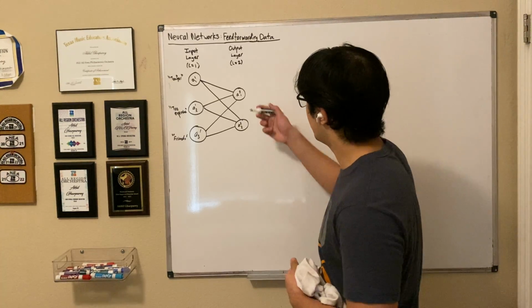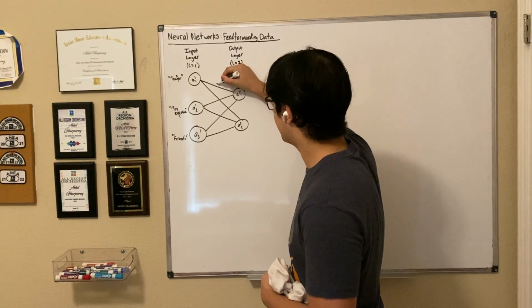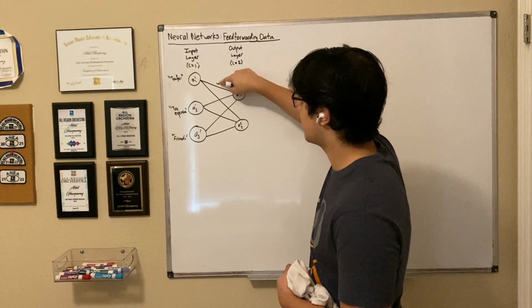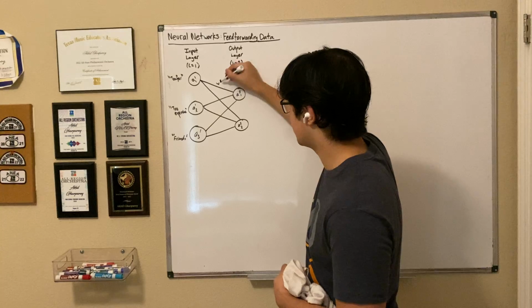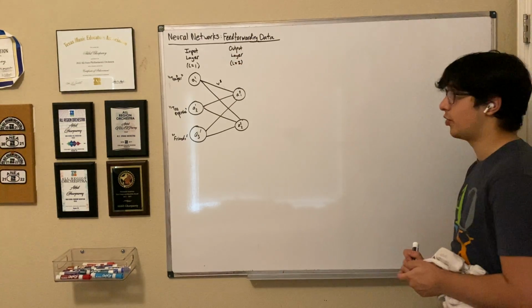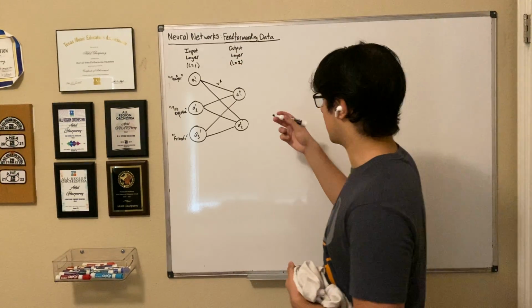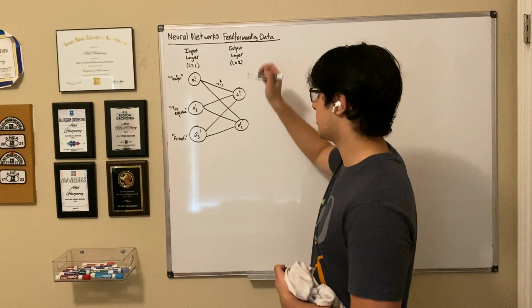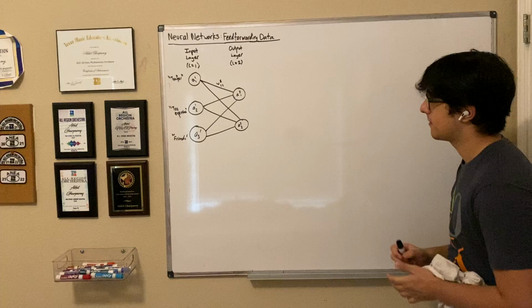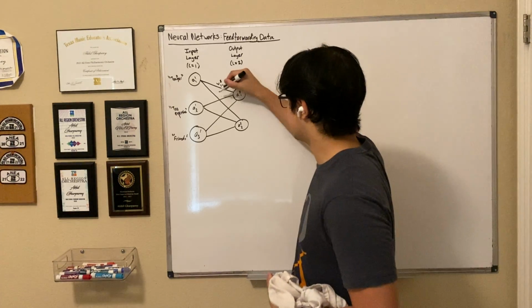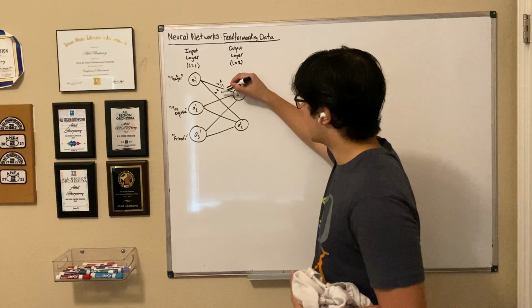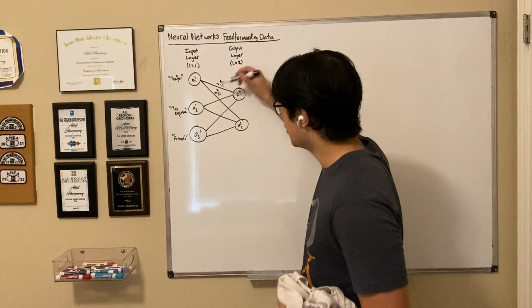The way we would notate this is we would have the weight for layer 2, because it's going from layer 1 to layer 2 of the neural network. And this is going from the first neuron of the first layer to the first neuron of the second layer. And likewise, we're going to do W2, and then we're going to call this 2, 1.